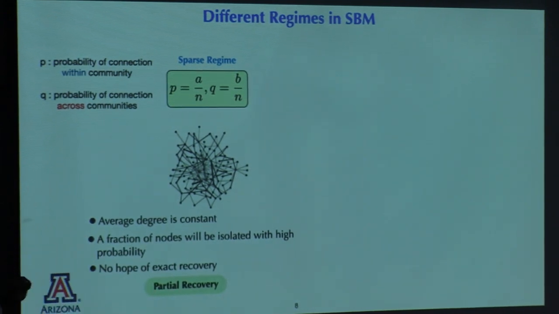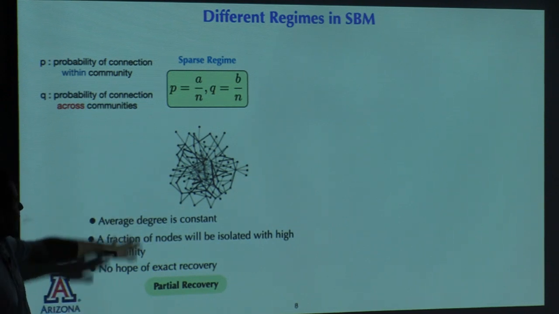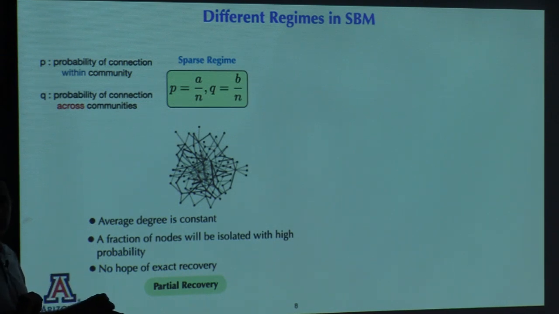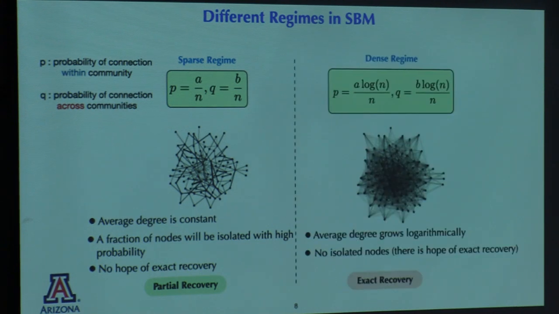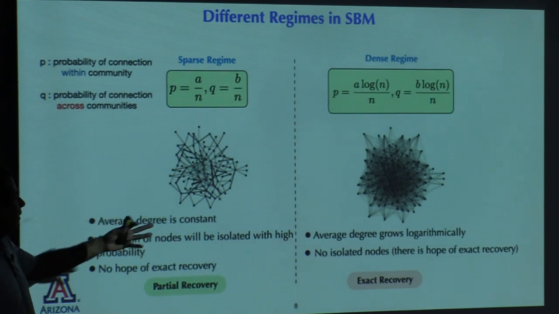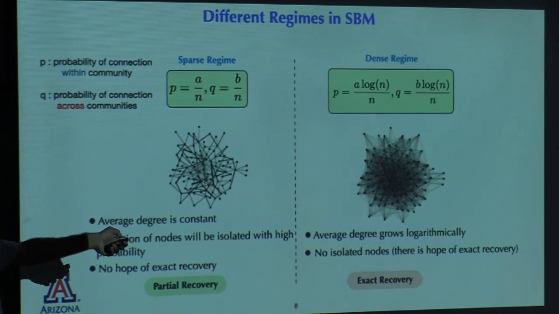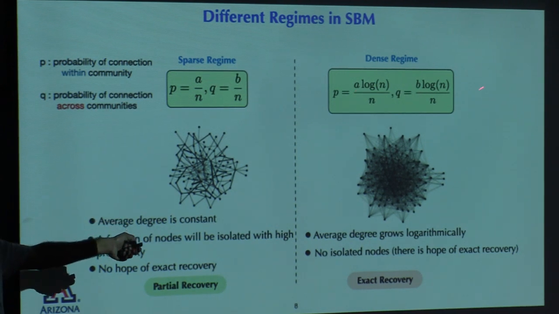People have studied this problem of partial recovery and have shown the minimum separation needed between P and Q to allow for recovery. And in the dense regime, why do I say dense? Because now P grows as a log n by n and Q as b log n by n.